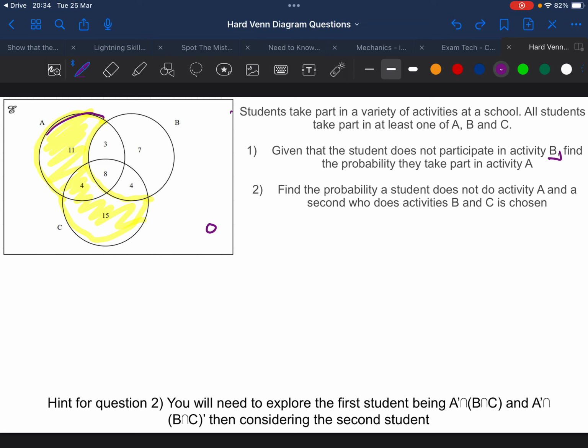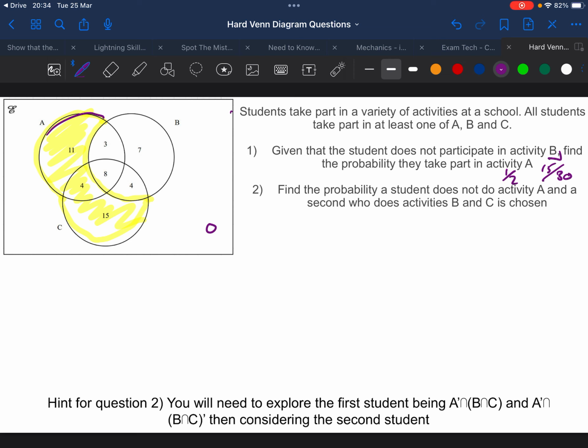So what's my answer going to be on this one? Well, it's just the 11 and the 4. So it should be 15 out of however many we find ourselves out of here. I think it's 15 out of 30, isn't it? As a half.